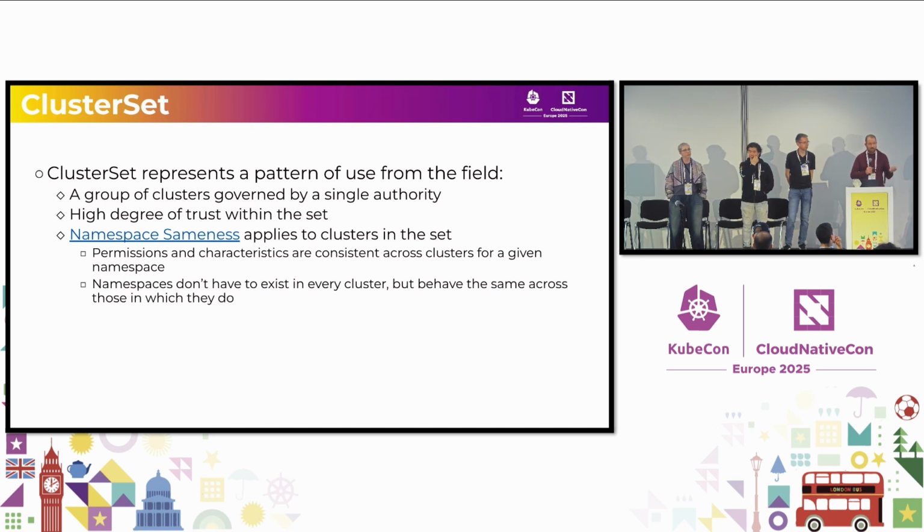That means permissions, the same kind of workloads. And a namespace doesn't have to exist in every cluster, so you can segment your fleet. But when a namespace exists, it means the same thing. So we discourage things like calling every dev namespace dev, and then you end up with a bunch of conflicts. Better names that are identifiable in this multi-cluster case, moving towards the world of cattle, not pets.